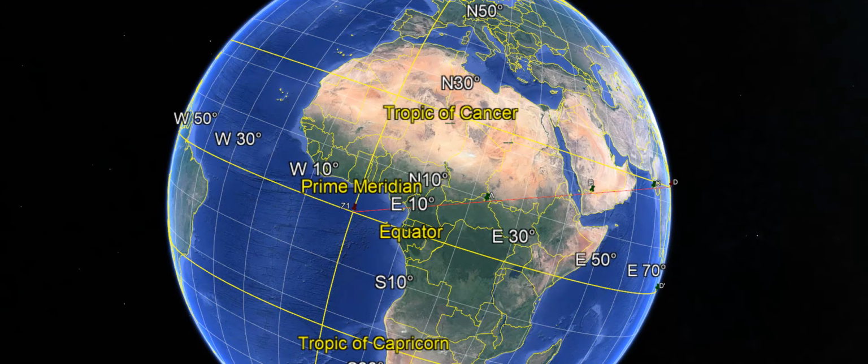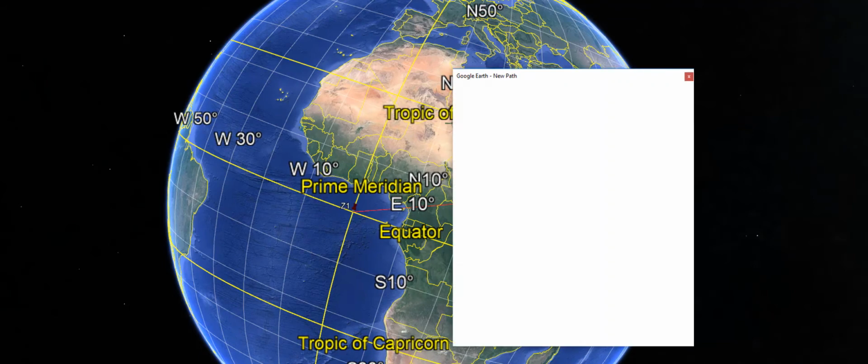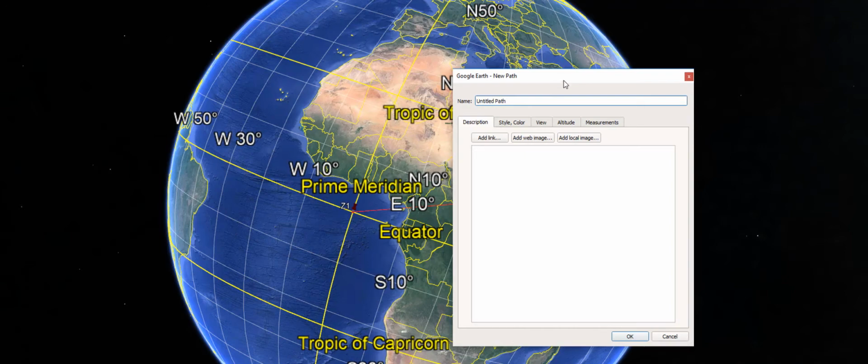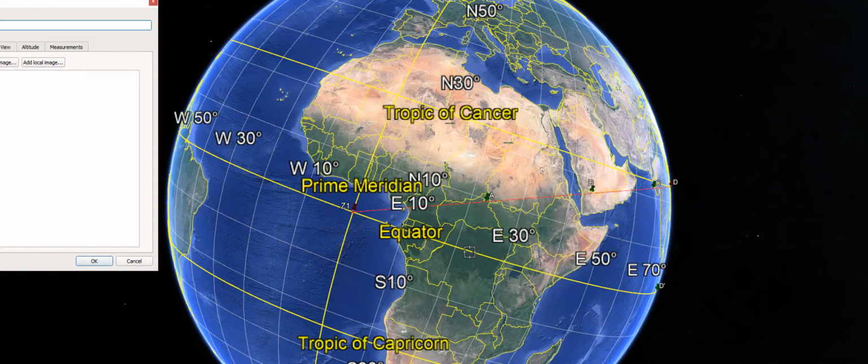Let's draw a line, and let's say that we start from 22.5 degrees on the equator, and we follow this line straight up on the meridian. The distance between Z1 and this point is not equidistant with Z1 and A. Obviously, there's a larger angle involved here between Z1 and A and the center of the Earth.